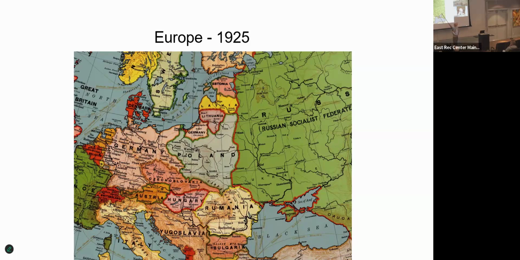Poland became an independent country. There were, for a period of time, wars between Poland and Ukraine, but then Ukraine eventually lost out to the Russian socialists, the USSR, we'll call it. And these countries became independent.